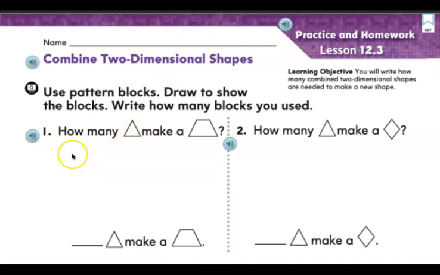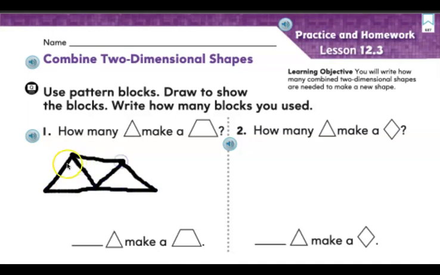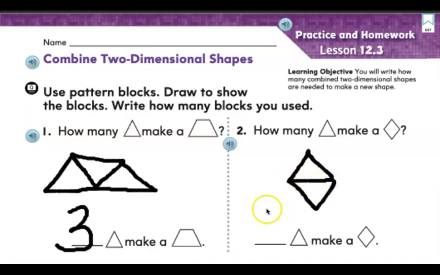I'm going to make a triangle here, one on top and one on the bottom, and there is my trapezoid, and I have 1, 2, 3 triangles. And again, how many triangles make up a diamond? 1, 2. Okay.